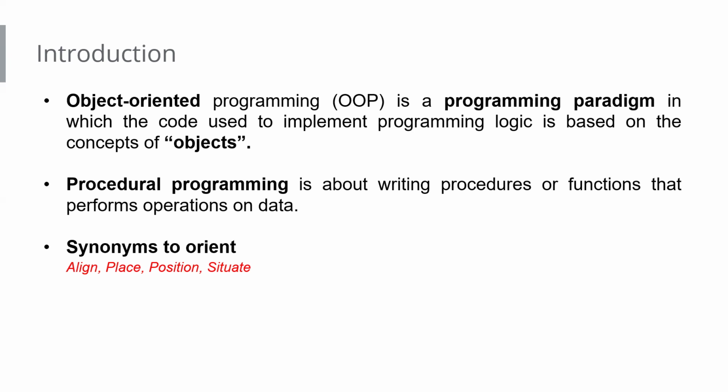So if we say object-oriented programming, it's a programming paradigm or methodology in which the code we use to implement programming logic is oriented around the object. It is situated, aligned, and positioned around the object. That means the object becomes the integral center of abstraction. Everything we write is surrounded or situated around the object, and we are going to see that very soon.